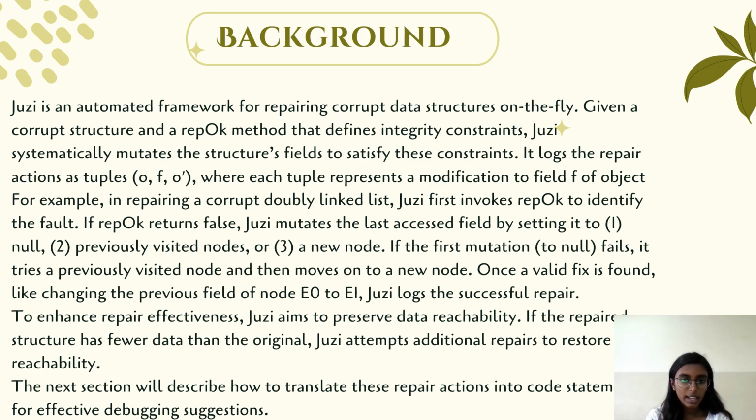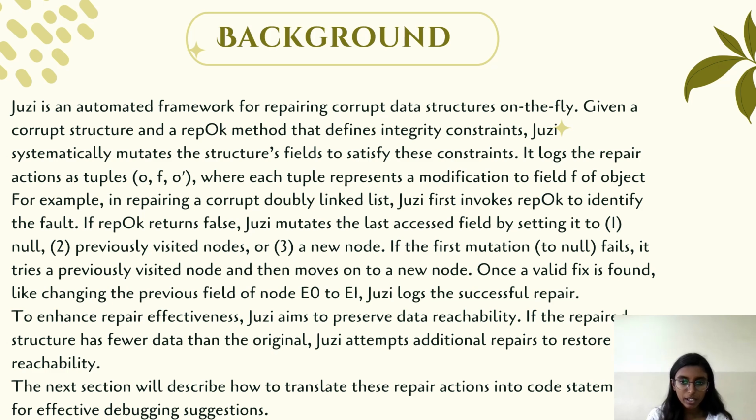For example, in repairing a corrupted doubly linked list, Juzi first invokes repOK to identify the fault. If repOK returns false, Juzi mutates the last accessed field by setting it first to null, secondly to a previously visited node, third to a new node. If the first mutation to null fails, it tries the previously visited node and then moves on to the new node.